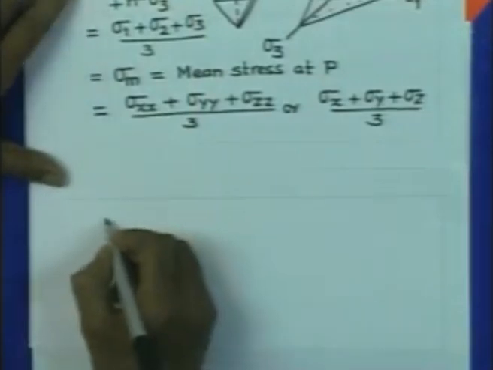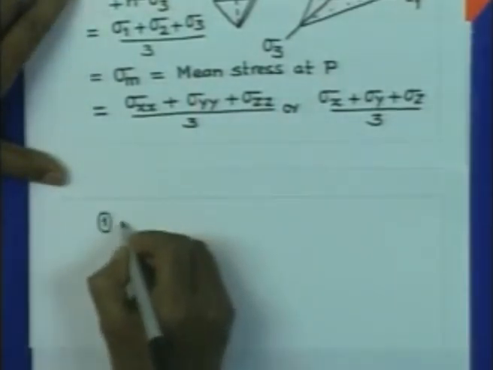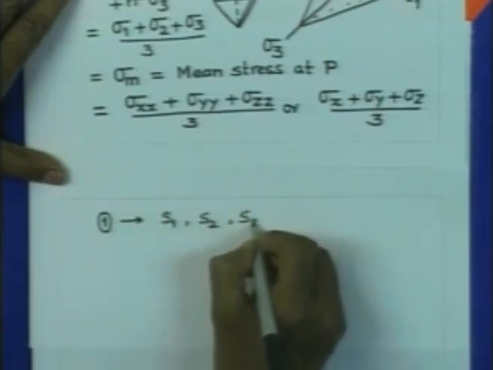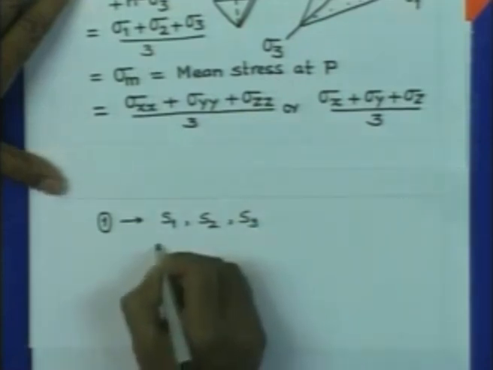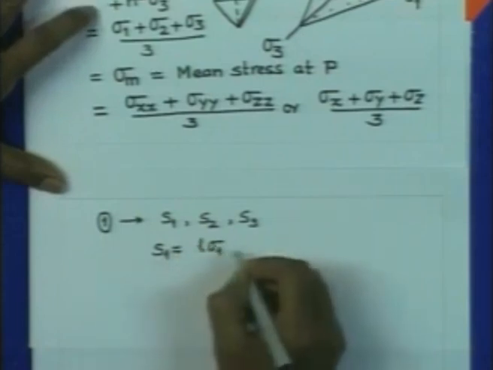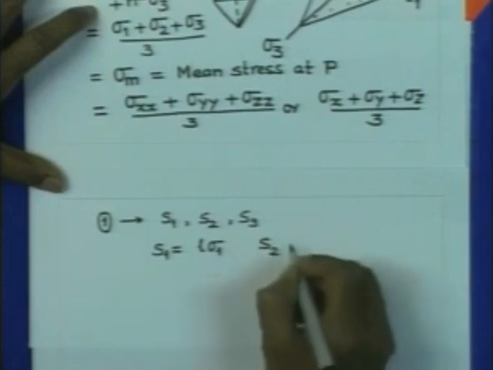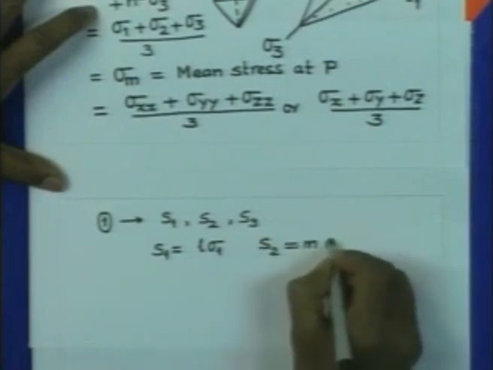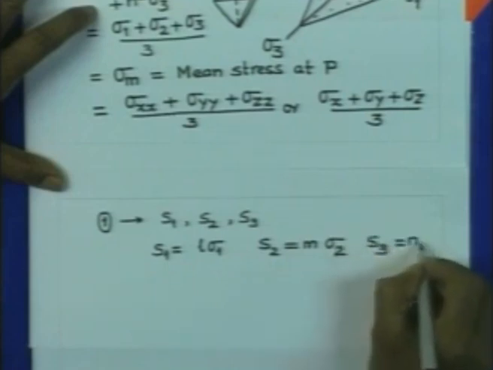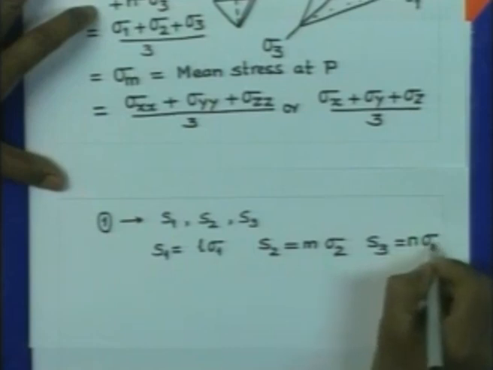If we consider the tractions on this plane 1, this plane 1 would have tractions S1, S2, S3. We can write S1 to be equal to l sigma 1, S2 to be m sigma 2 and S3 equal to n sigma 3.